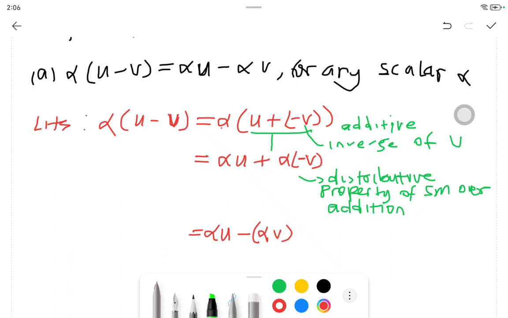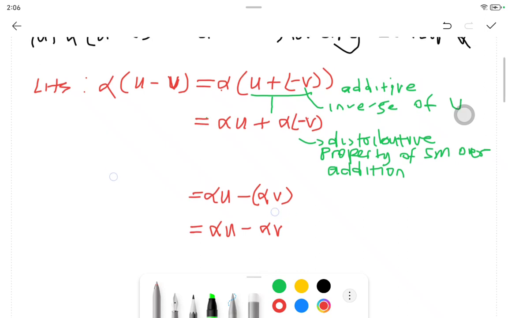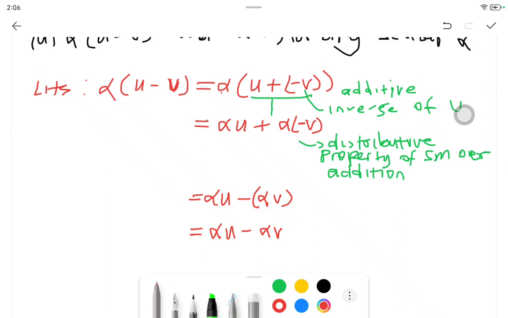I can just put the alpha inside and then take the negative outside. So I still have something like this. From here, I can get that alpha u minus alpha v is the same as that one. So I have proven this side.